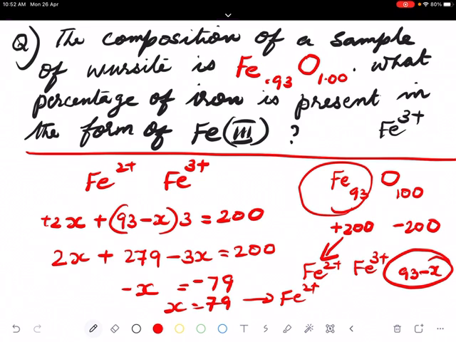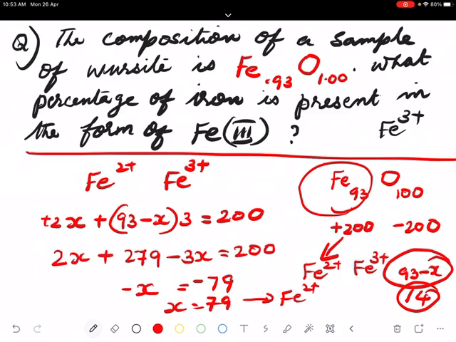That means 93 minus 79, that is 14. So 14 Fe3 plus and 79 Fe2 plus.